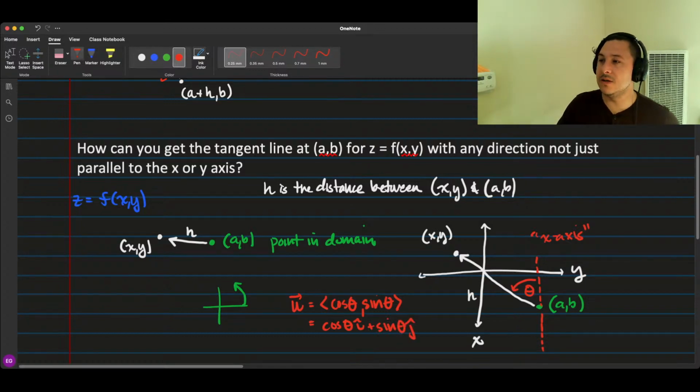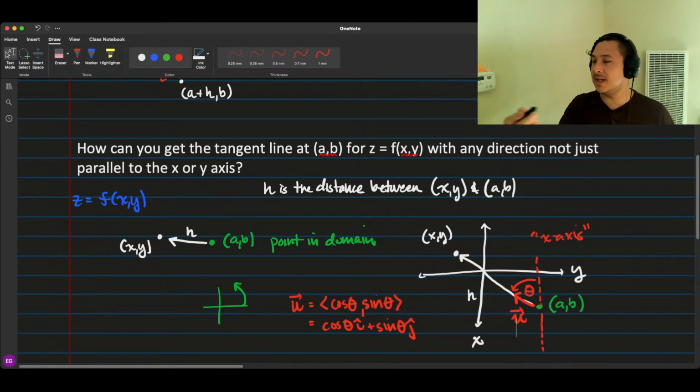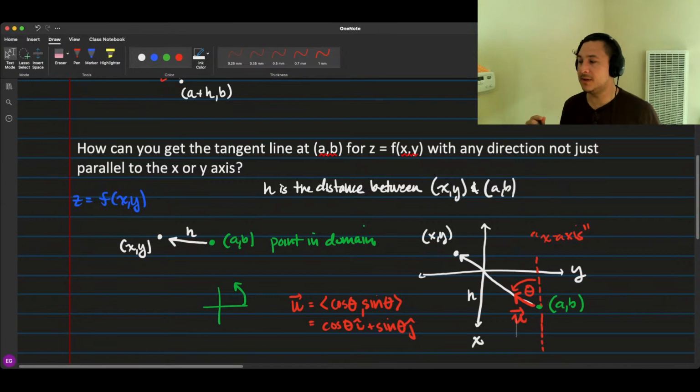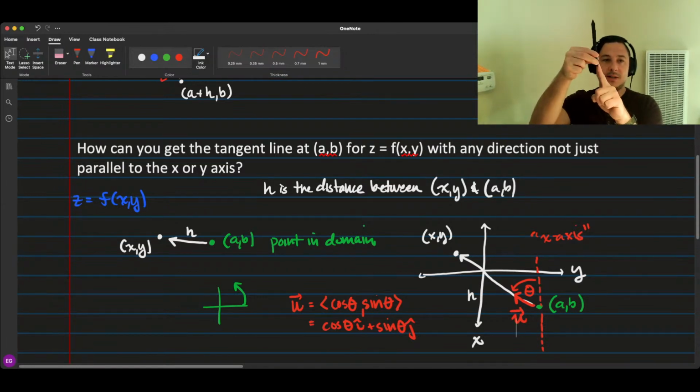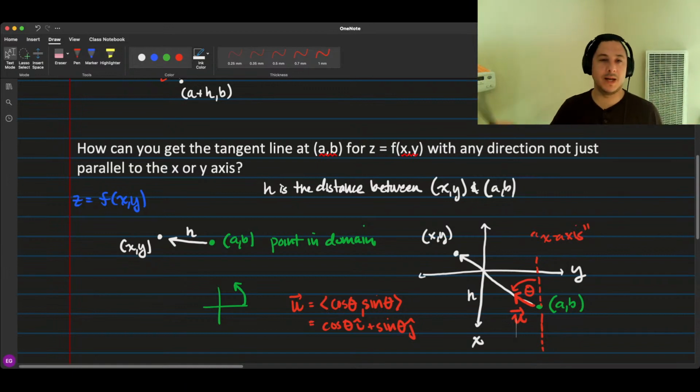This vector u is a unit vector, and it's right here. It starts at the initial point a comma b and points you in the direction of that other point x comma y.